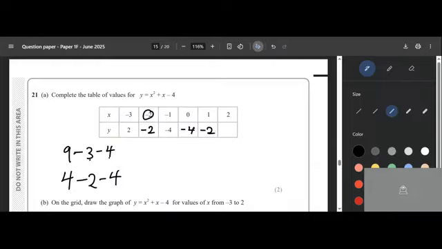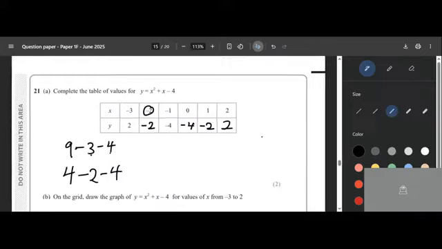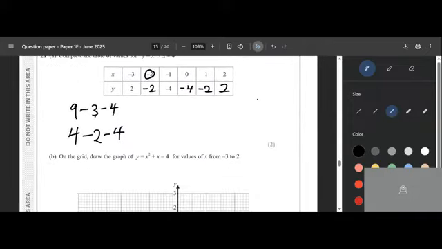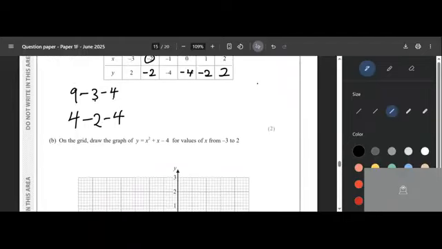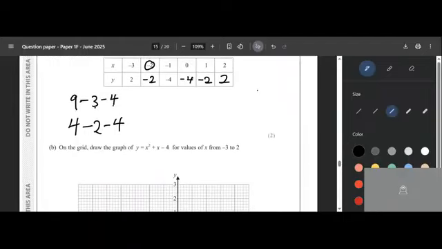So 2 squared is 4. 4 plus 2, that's 6. 6 minus 4, we have 2. So we are now going to plot this on the range that has been given here. So we have negative 3 and 2.